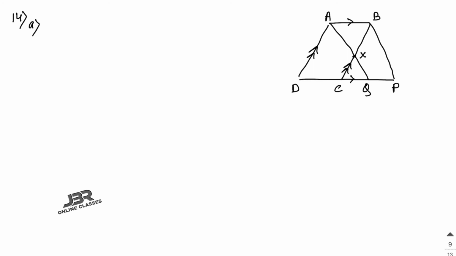So ABCD is a parallelogram. Clear? X is the midpoint of BC. Remember that X is the midpoint of BC, that means here BX is equal to CX. The line AX produced meets DC produced at Q. The parallelogram ABPQ is completed.